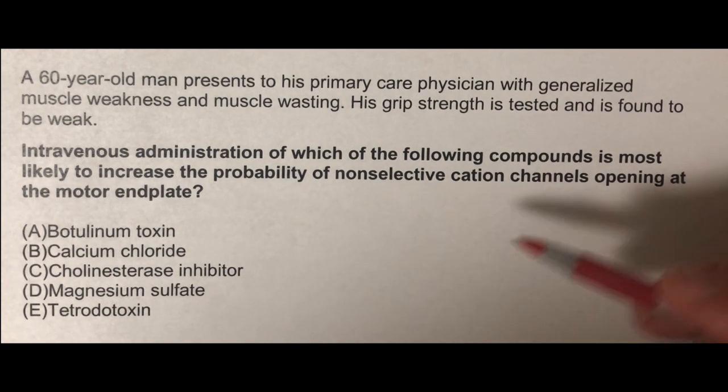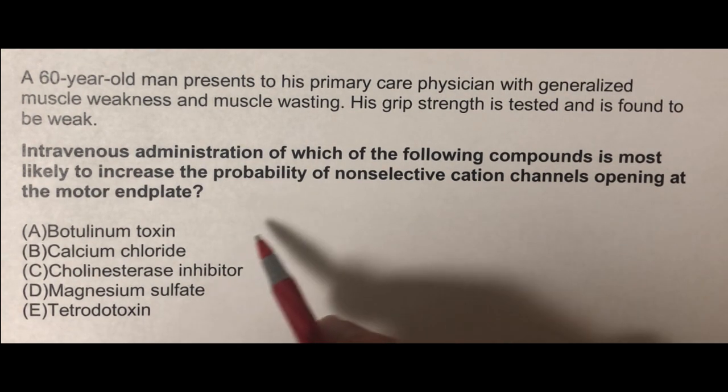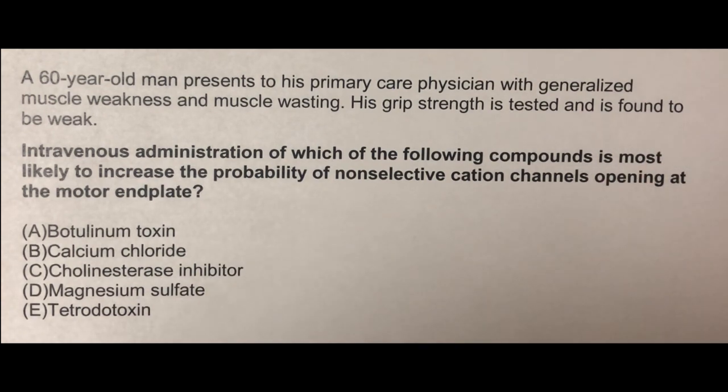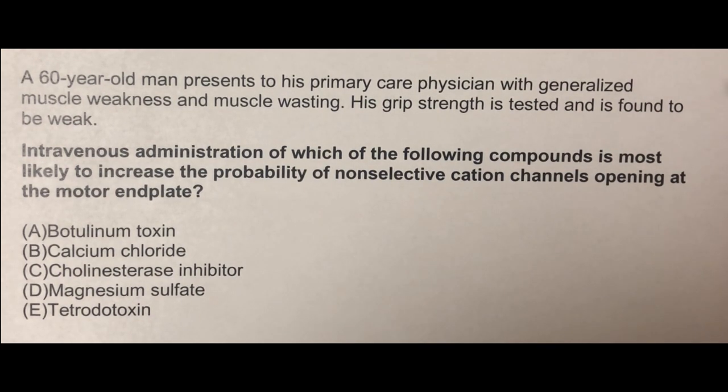It turns out that when we administer something that's going to increase the probability of a non-selective cation channel opening at the motor end plate, we should improve neuromuscular transmission and improve the muscle weakness. And in fact, in myasthenia gravis, that's a test. We use a compound that does help open non-selective cation channels.